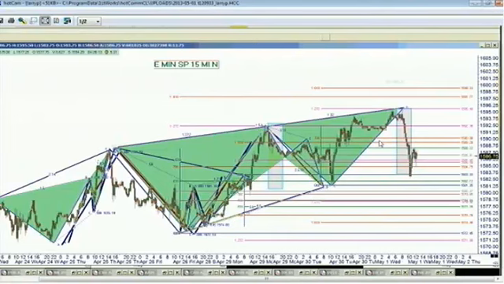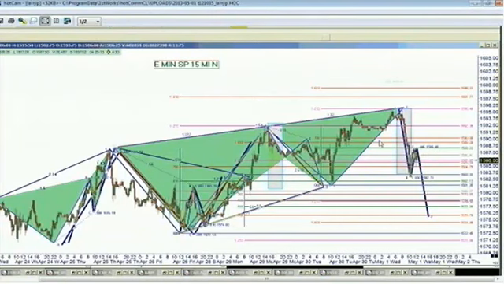The reason why this one is important is because if this correction that we're having right now, the one that we had our low earlier in the day, we made a 382 retracement so far today up at this 1588 level, and if that fails, we have a much lower price level. So if we make new lows on the day now, that is going to change the whole scenario of what's happening to the S&P over a short time frame.